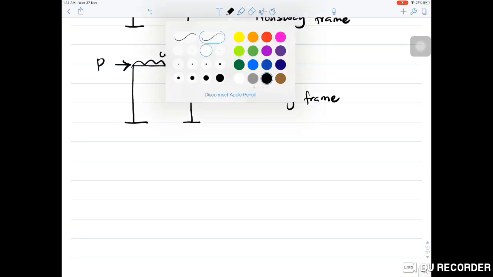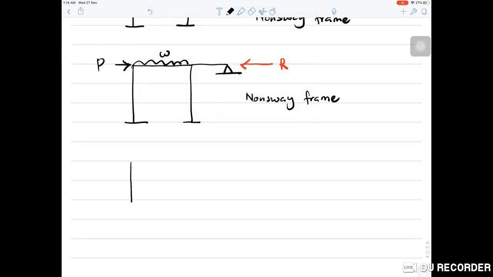Let's consider the other one. This is unsymmetrical. What happens if I change pin to roller? Is there any restraining force? Is there any horizontal reaction due to a roller like this? No, there is no restraining force. So this one is a sidesway frame.